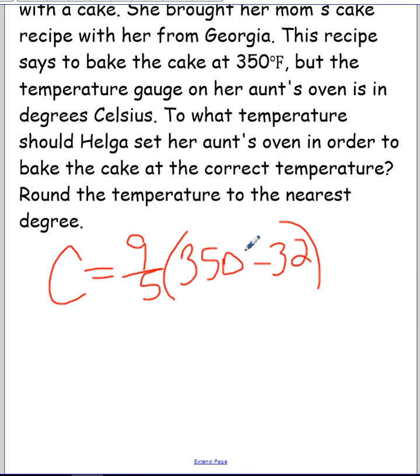So it does the subtraction first before you do multiplying by 9/5. It tells us to round to 1 decimal place. And so we will get 176.6 repeating, so 176 2/3. So that rounds to 177 degrees for our Celsius temperature.